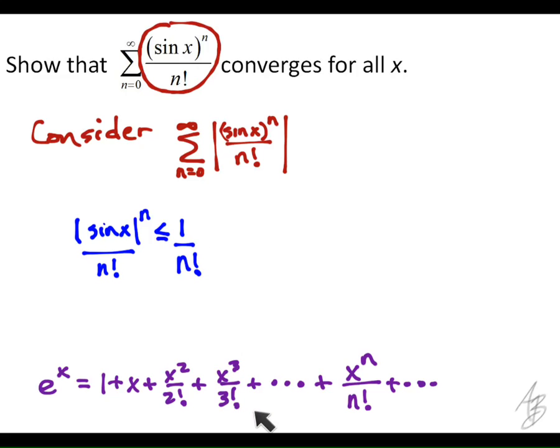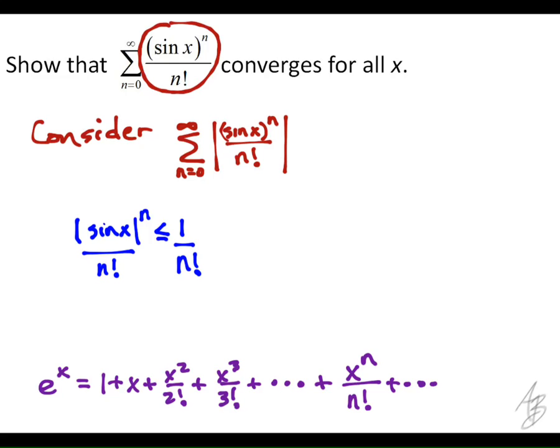Is this the e to the x series, though? If we came down here and put 1 in for x, e to the first is going to be 1 plus 1 plus 1 over 2 factorial plus 1 over 3 factorial plus all the way up to 1 over n factorial. And that's what we have here, right?